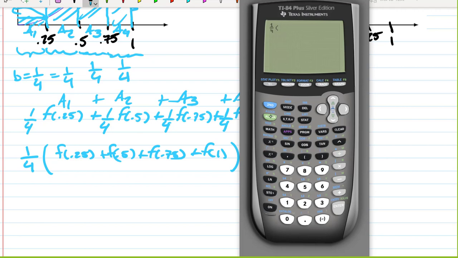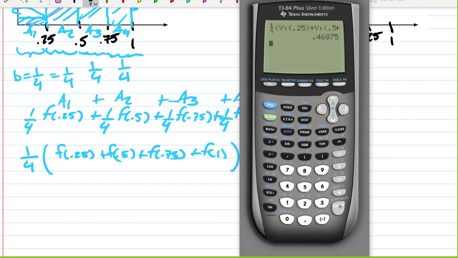We need to put in 0.25, so we go alpha trace and we get y1. And we're going to put in 0.25 plus alpha trace y1, we're going to put in 0.5 plus alpha trace y1, this time we put in 0.75 plus alpha trace to get our y value again, y of 1.